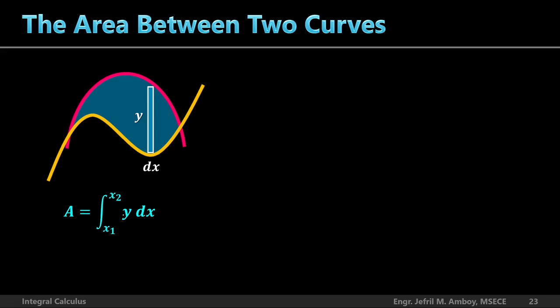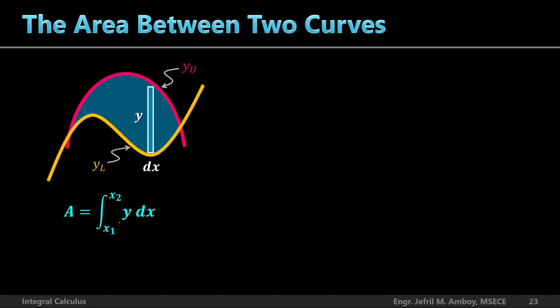Sir, ano yung y? Okay, so since our differential area element is bounded by two curves, one on top and one below, we will express this y as the difference of these two boundaries. So, sa taas, meron tayong upper curve which we labeled as yu. And below, we have a lower curve which we labeled yl.